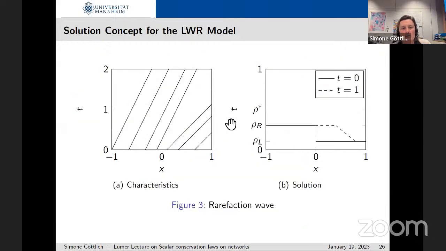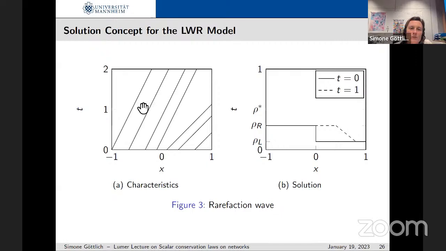Oh, sorry, if we go to the rarefaction wave, maybe we start again with the right picture. We see again these 2 states, rho R and rho L. Here rho R is larger in the beginning for t equals 0, and if this initial condition starts to propagate, we end up with a rarefaction wave, and we have the state rho R again. We have something in between, and we go down to rho L. Meaning, if we go into the picture of characteristics, we see actually 3 regimes.